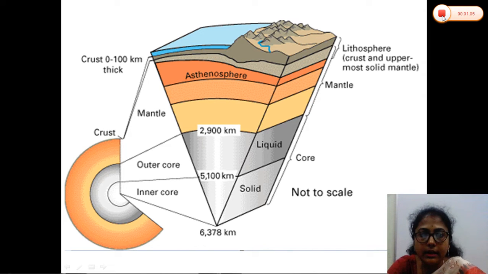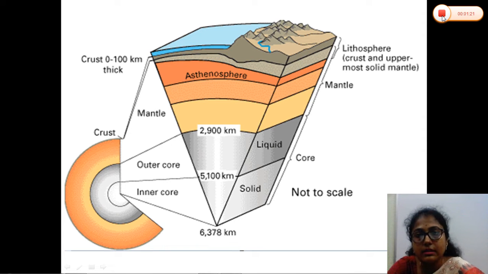As we go deeper into the earth, the temperature is increasing at the rate of 1 degree centigrade per 32 meters increase in depth, and the density of the materials is also changing.